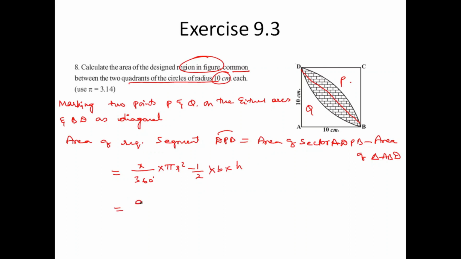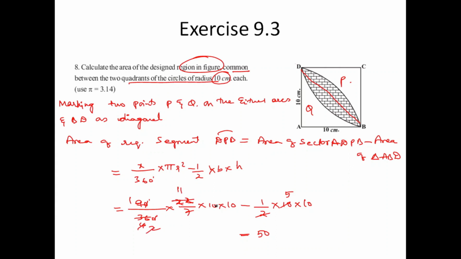Right? So x value is taken as 90 by 360 into 22 by 7 as the value, into r value, which is 10, minus half into 10 into 10, the base and height values substituted. So this comes out to be minus 50 here. The zeros are removed, 1s are 4, half of this and half of this, so comes out to be what? 11, right?